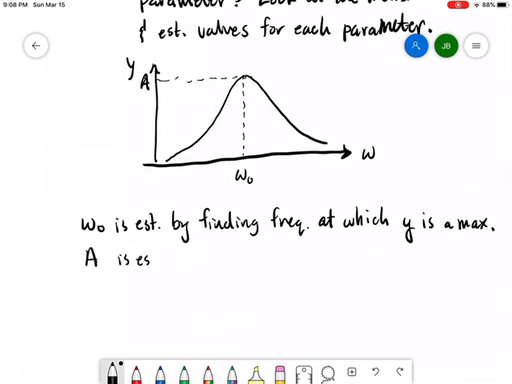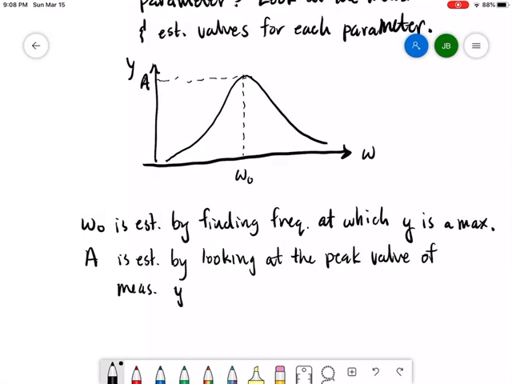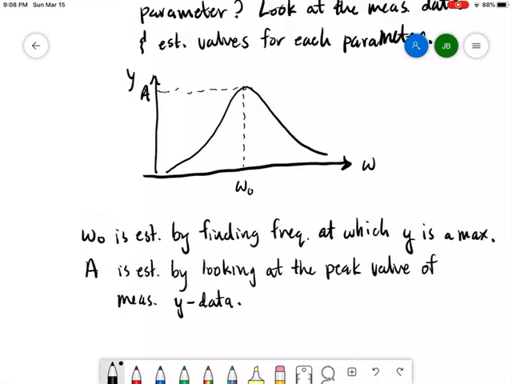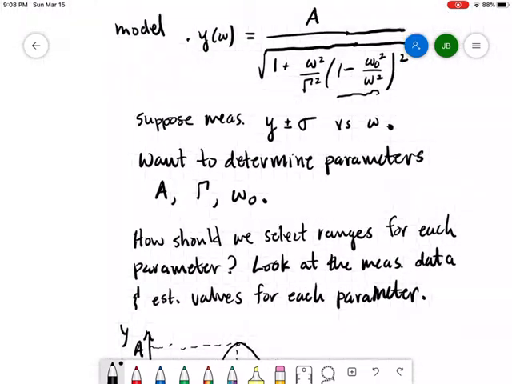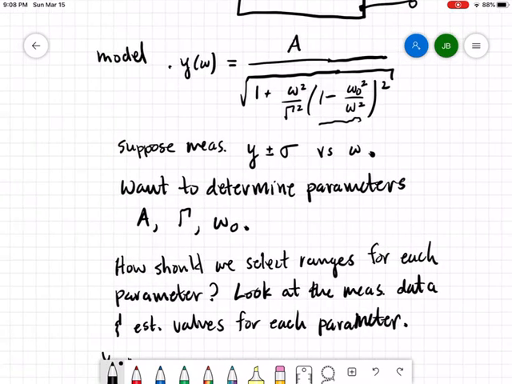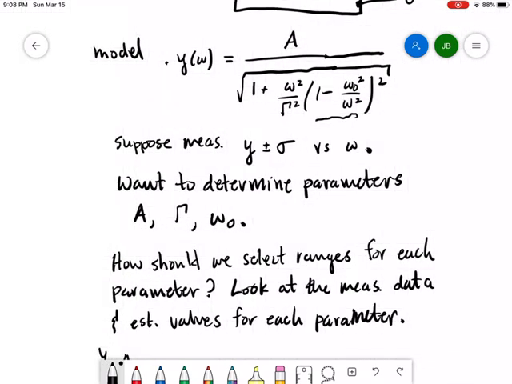A is estimated by looking at the peak value of the measured y data. And so you can see we don't want to go into our fit blind. We want to have some expectation of what our best fit parameters ought to be.